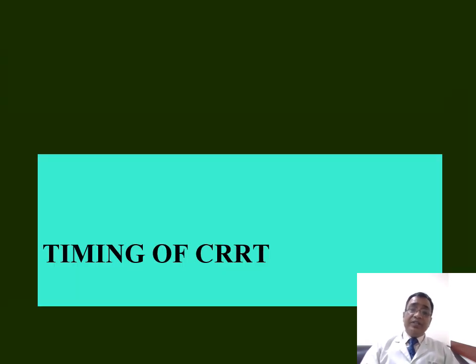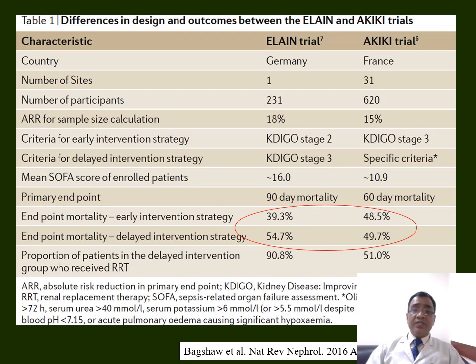Now coming to the timing of CRRT, early versus late. There were two trials, the LN and the AKI trial. In the first trial the primary endpoint was 90-day mortality, and in the next one it was 60-day mortality.